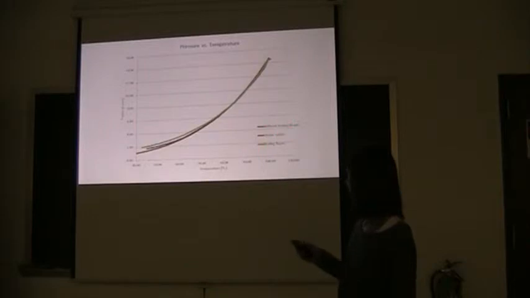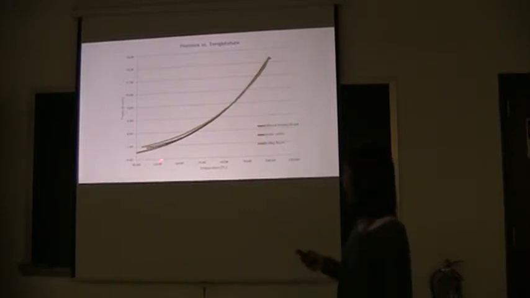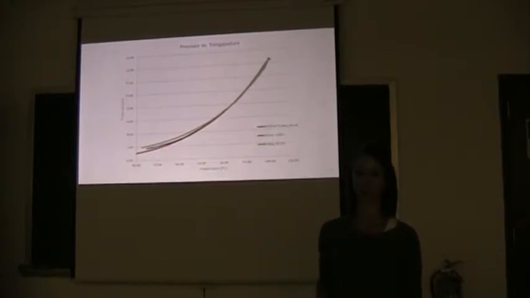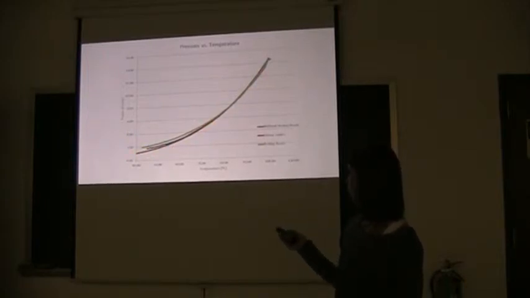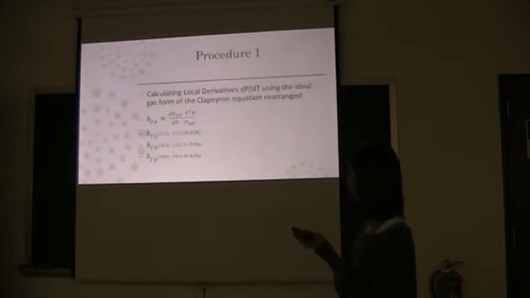The boiling beads is in green, and it has a slightly steeper slope. It boiled faster than the one without the boiling beads. For the steam tables, this is the red line. They're all generically within the same range, which is good.